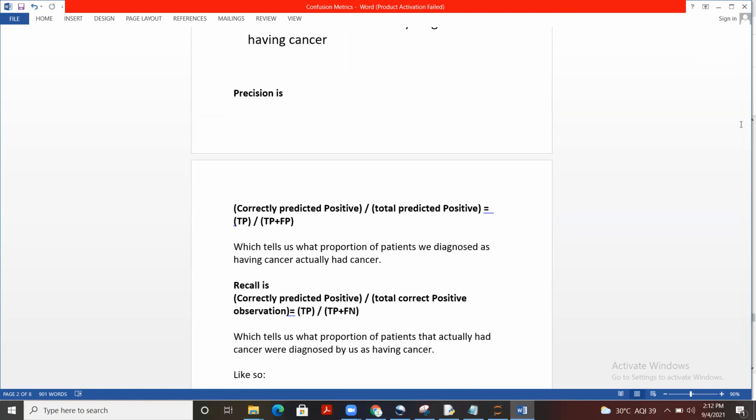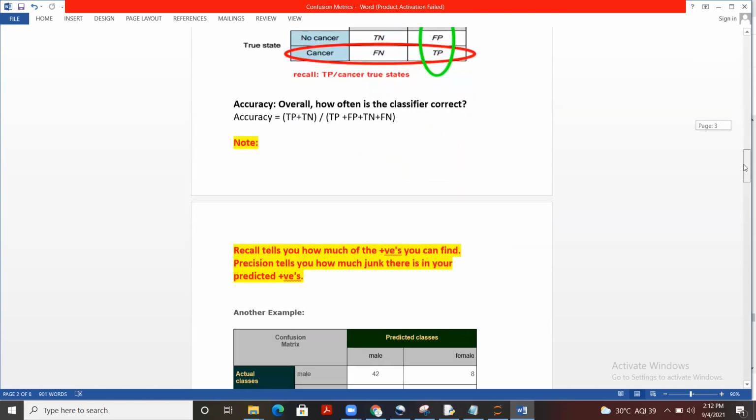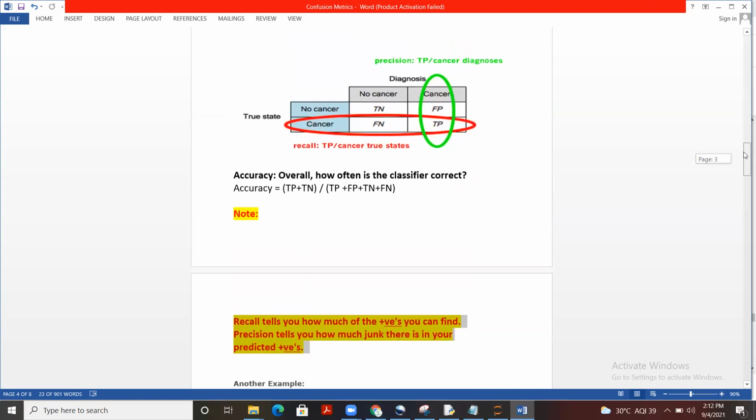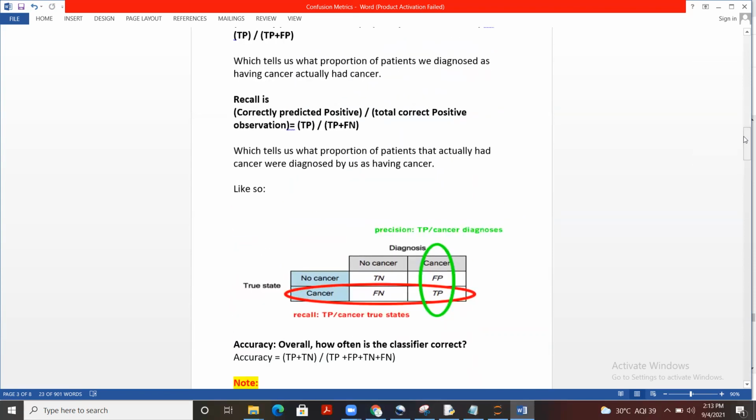I can give you some other ways to state precision and recall as well. Precision tells you how much junk there is in your predicted positives, and recall tells you how much of the positives you can find. Just to understand precision and recall, I'll tell you one example.